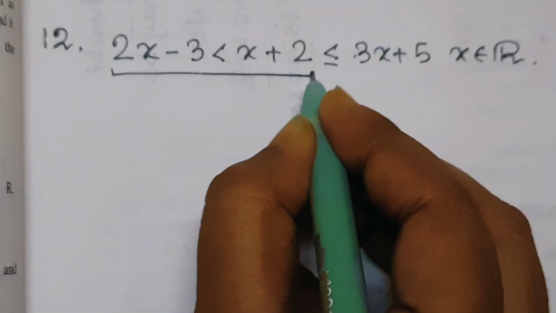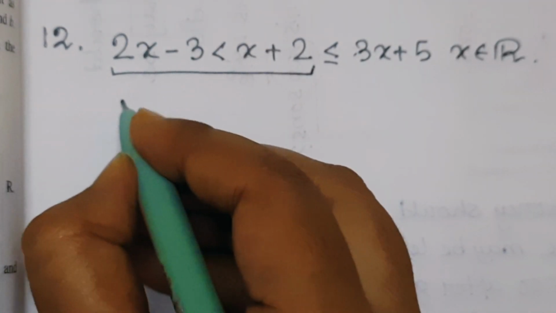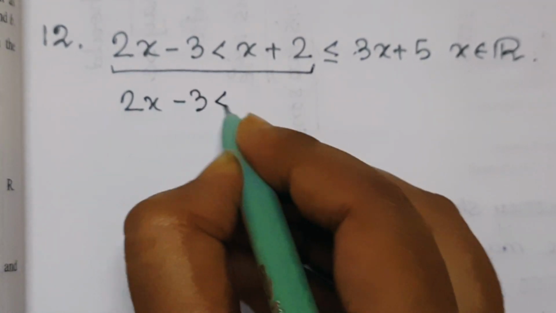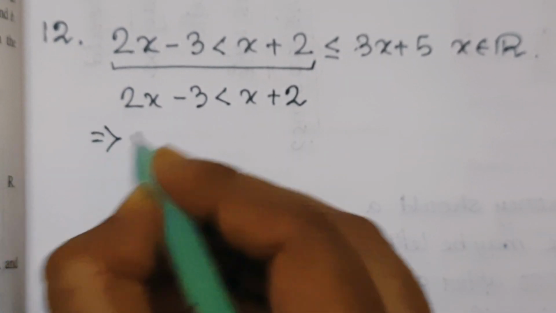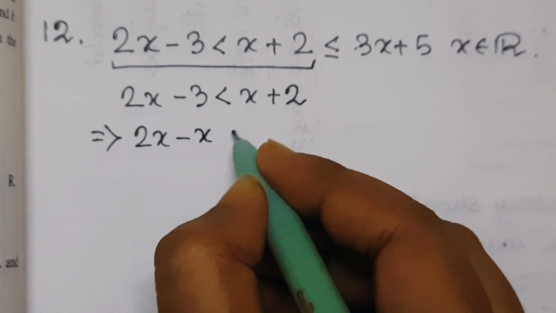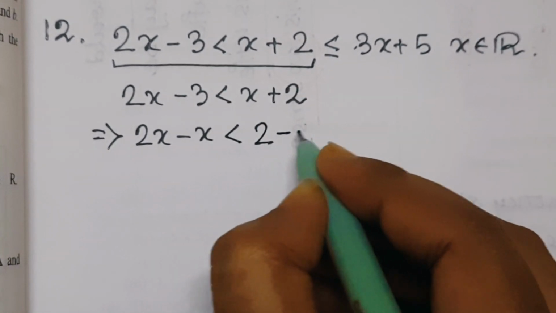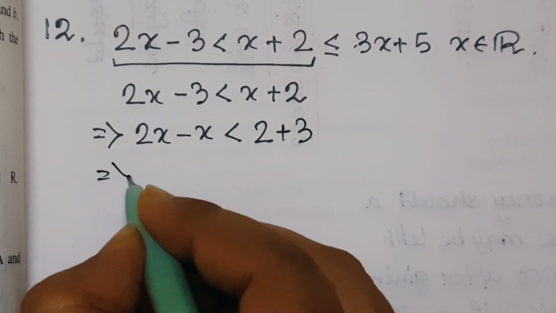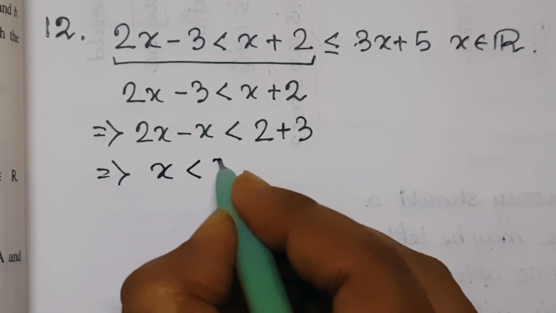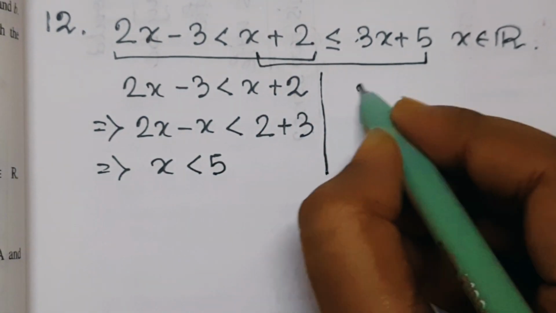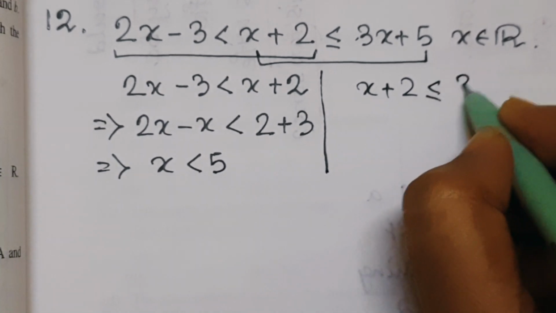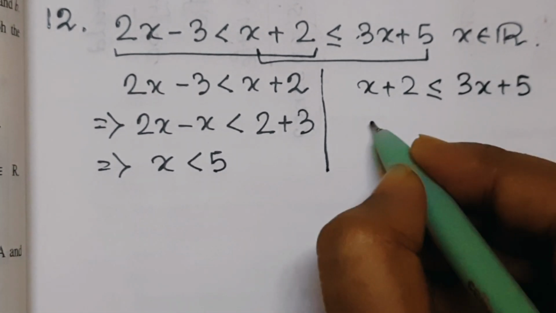Now for this part, 2x minus 3 is less than x plus 2. So it will become 2x minus x is less than 2 plus 3. So x is less than 5. And the next part, x plus 2 is less than or equal to 3x plus 5.